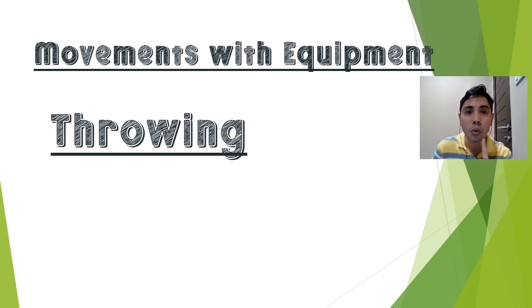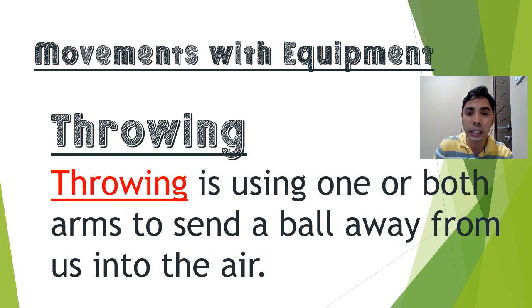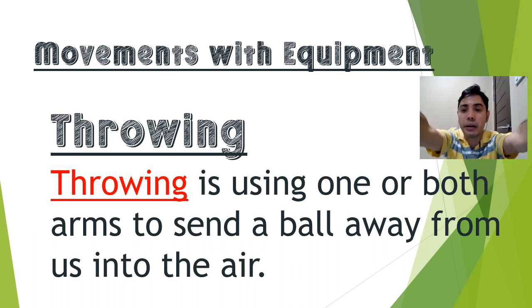And that is, one is throwing. You are throwing something, like what equipment? Let me show you what equipment that is later. Throwing is using one or both arms to send a ball away from us into the air.